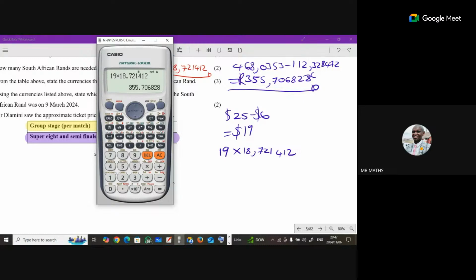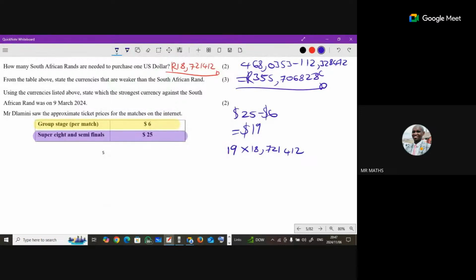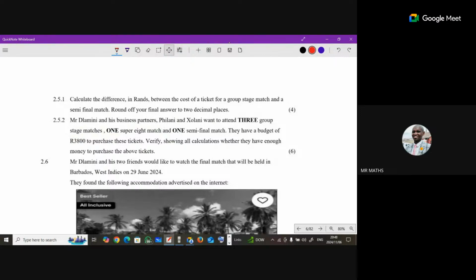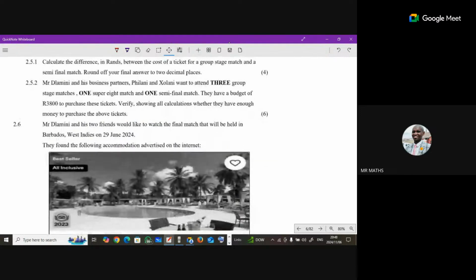Then again, we are getting the same answer, which is 355,706.828. So there are many ways of killing a cat. I don't know why, but yeah, the saying has been that way for as long as I can remember.